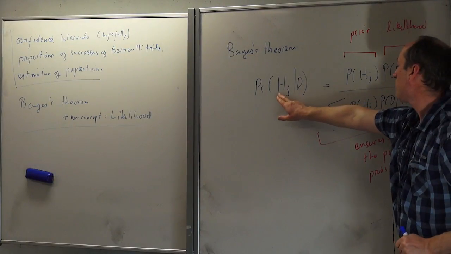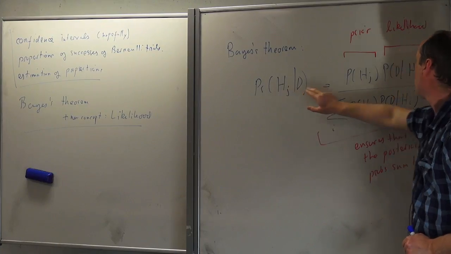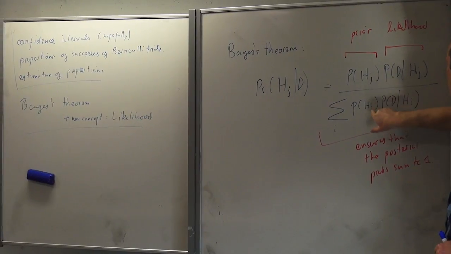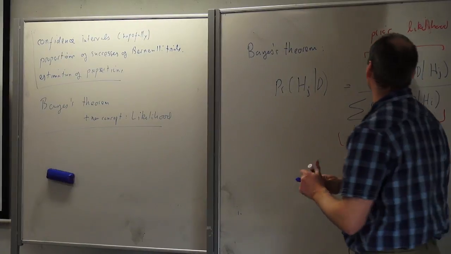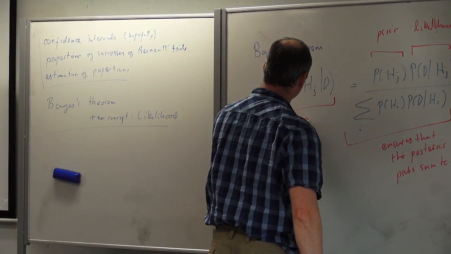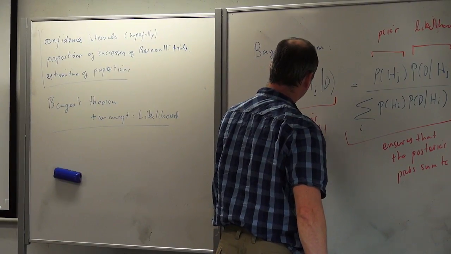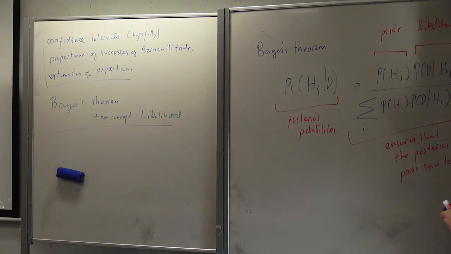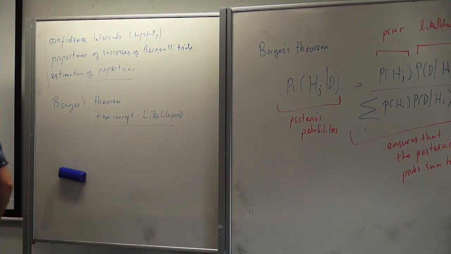So if we take all the hypotheses that are available to us and add up the posterior probabilities, the sum of the numerators will be the denominator, and therefore the probabilities all add up to 1. This, of course, is your posterior probabilities. And I've been talking about Bayes' theorem in many, many ways, but this is the canonical use of it.